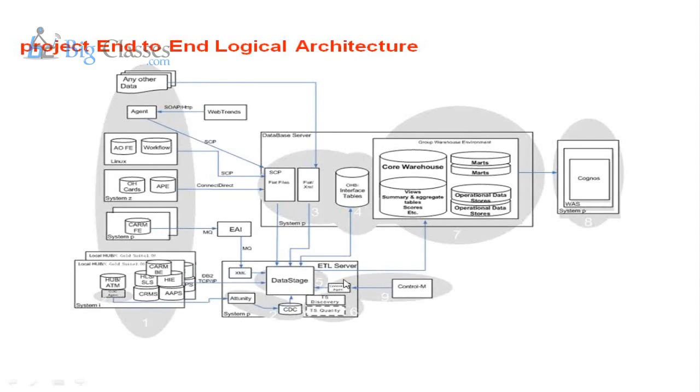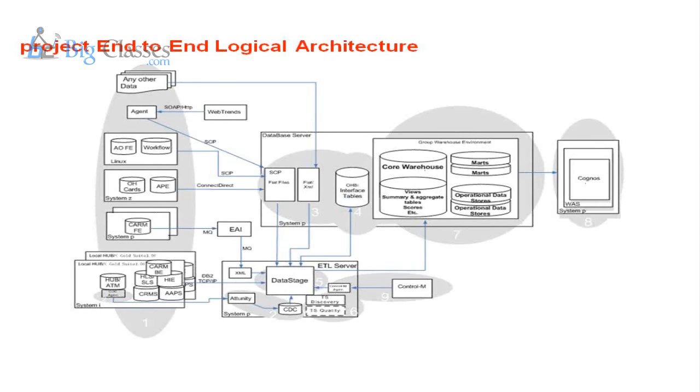This DataStage tool acts as an intermediate tool to extract the data from all these heterogeneous sources, do some transformations, and load into the staging area, and from there we will load into the data warehouse. From there we will create data marts, and from there the reporting team will start generating the reports for the business.